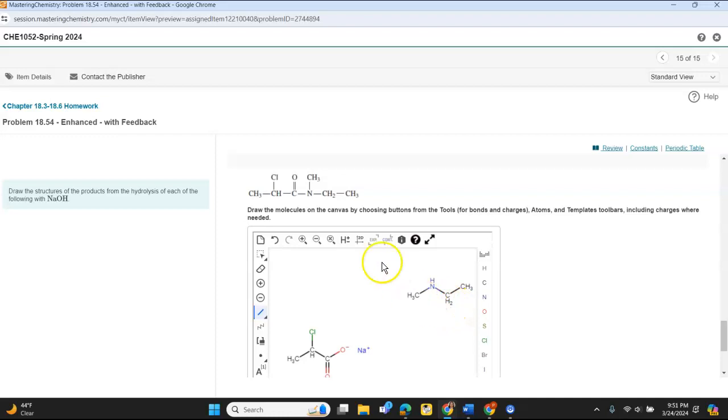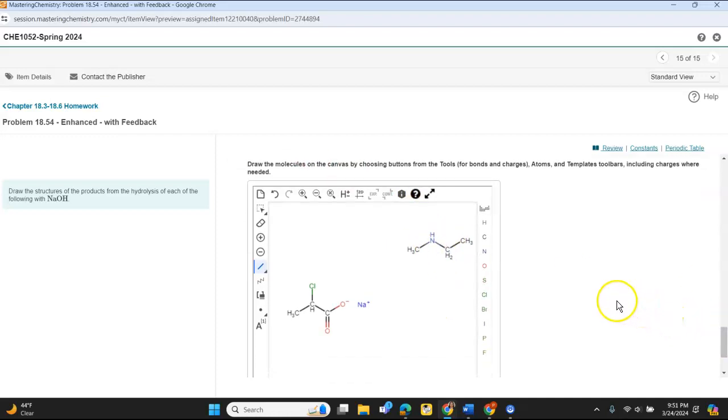So we have an ethyl group attached to nitrogen and a methyl group attached to nitrogen, and then a hydrogen should be there because remember, ONa comes to this side and hydrogen goes and binds to this nitrogen atom. So these are the two products of the base hydrolysis.